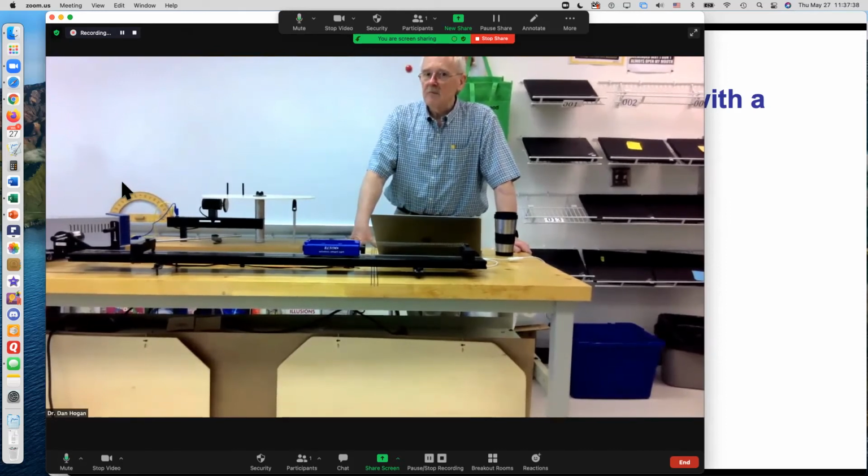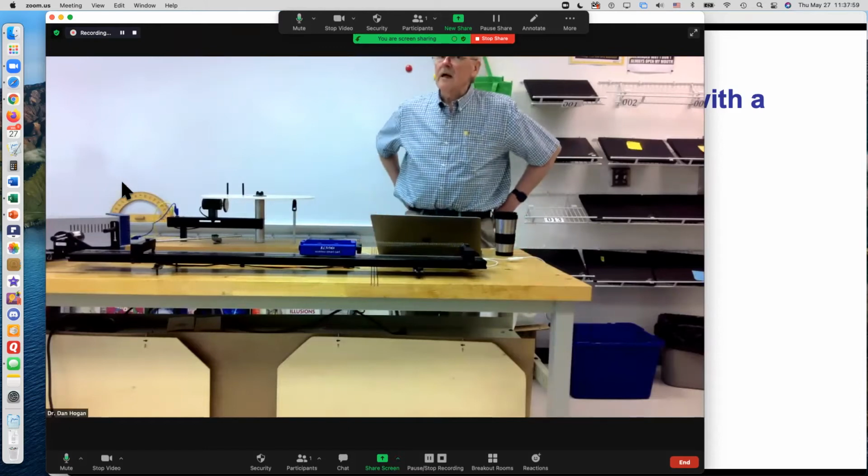Now, if you drew a graph of amplitude versus time, what would it look like?